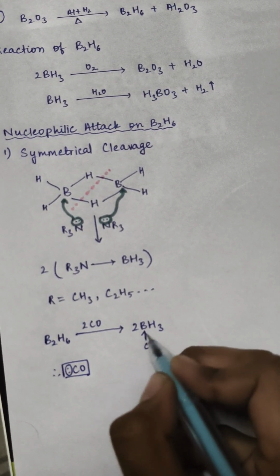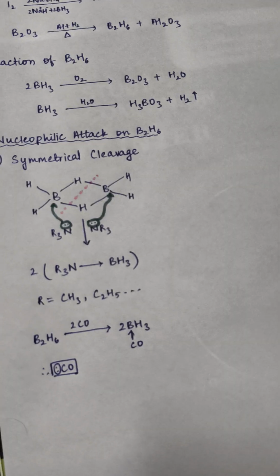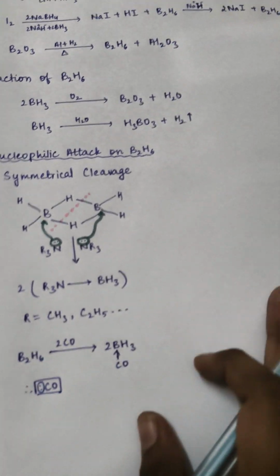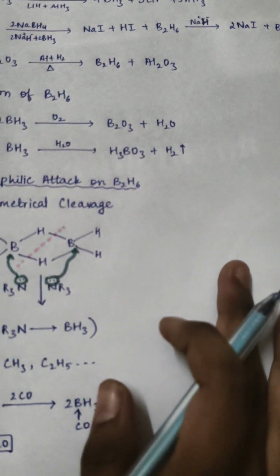So that lone pair goes to B and you get 2 molecules. This is symmetrical cleavage.